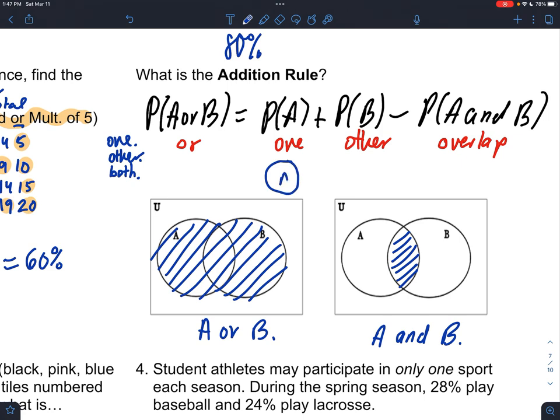All right. So this formula, you can think visually.